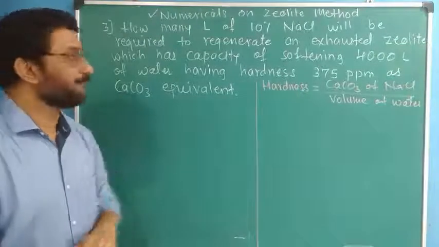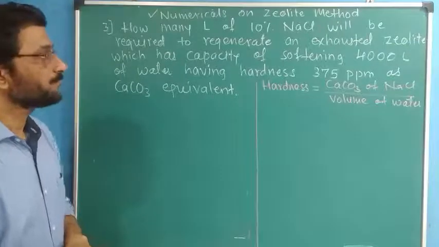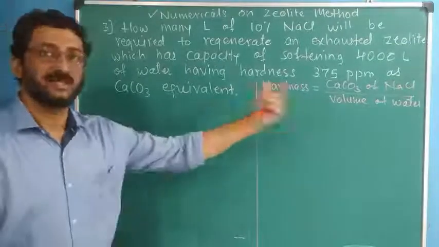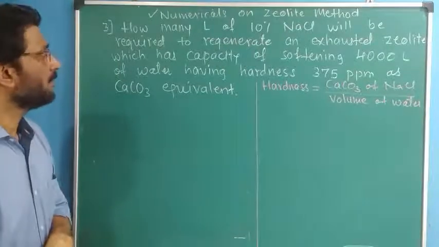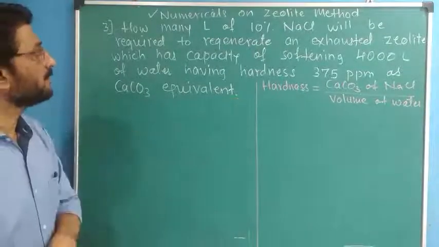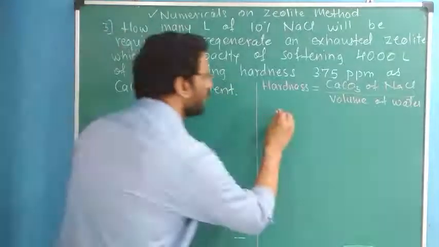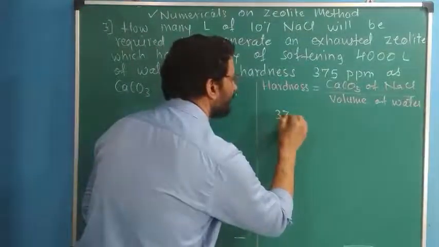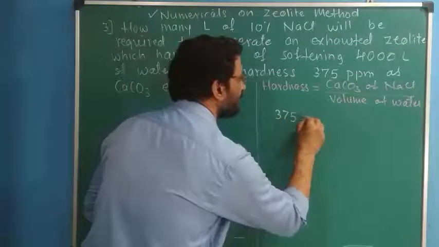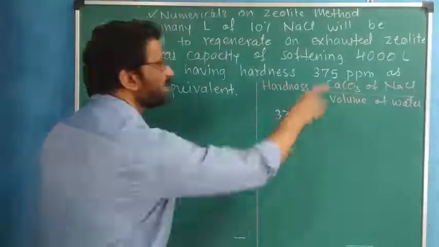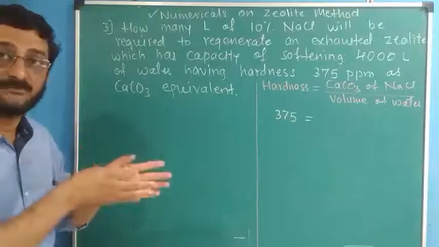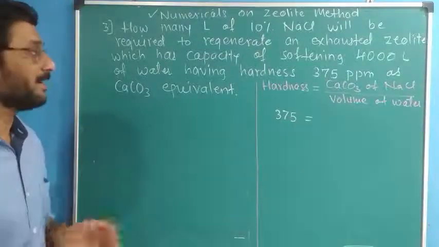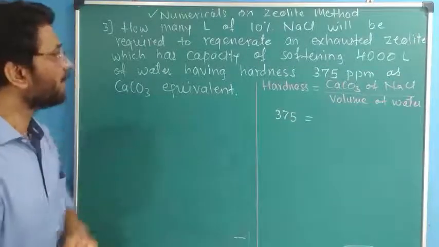This is the formula: hardness is equal to CaCO3 equivalent of NaCl upon volume of water. Out of these three terms, hardness is given. So note it down, 375 is equal to what? CaCO3 equivalent of NaCl is asked to find out, 10% NaCl, how much it will require. That we will find out.